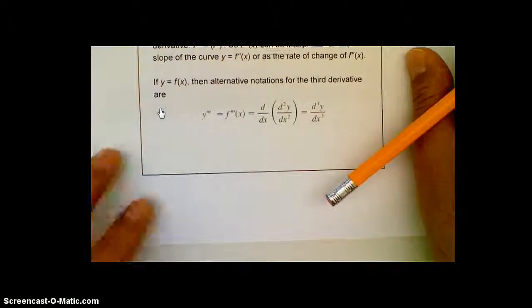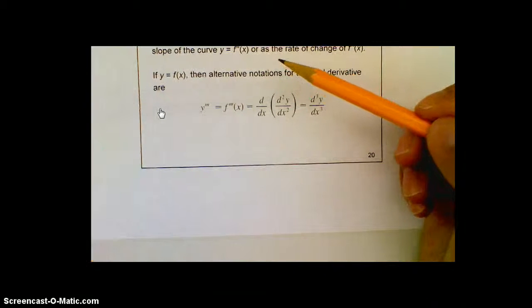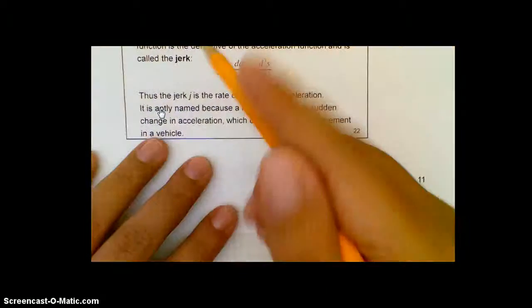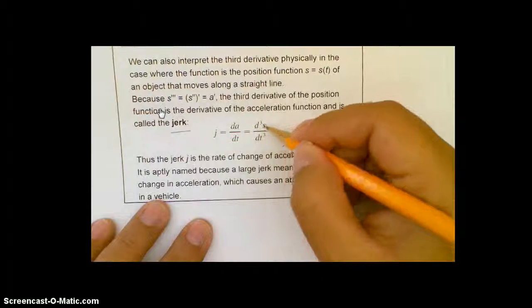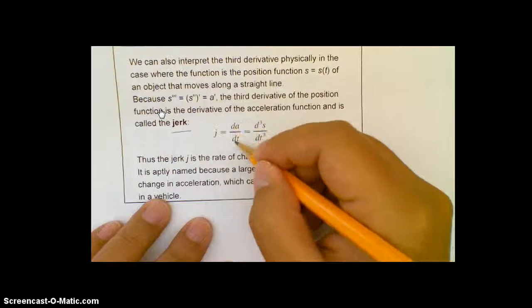And then we can have a third derivative of distance, or a first derivative of acceleration, and I think that phenomenon is called a jerk.